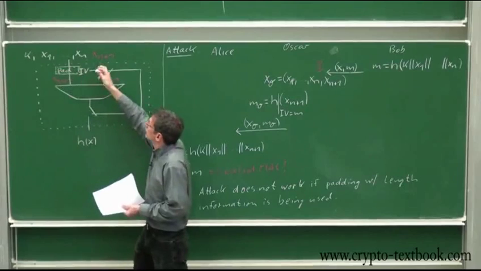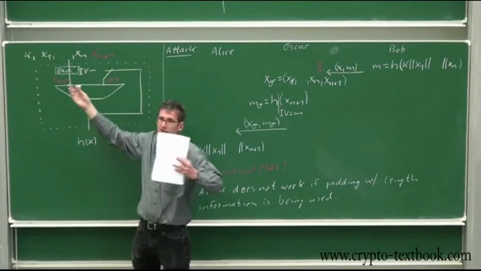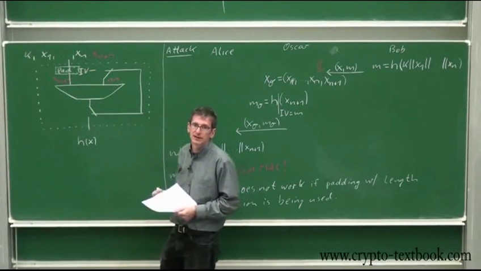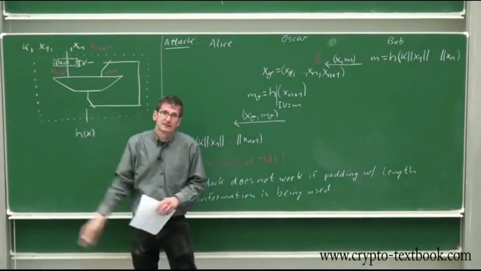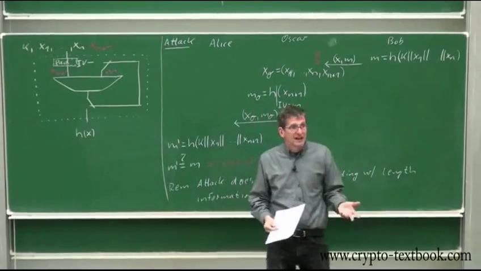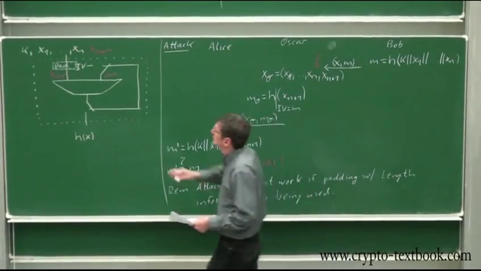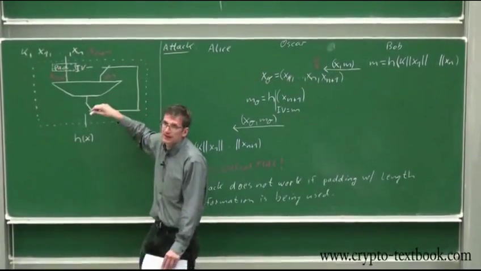If you do that, of course, it will fail, because suddenly the message is longer than what you really expect. That means if you do strictly Merkle-Damgård with padding, this attack doesn't work. But if you have other hash functions that don't do padding with length information, the attack works.